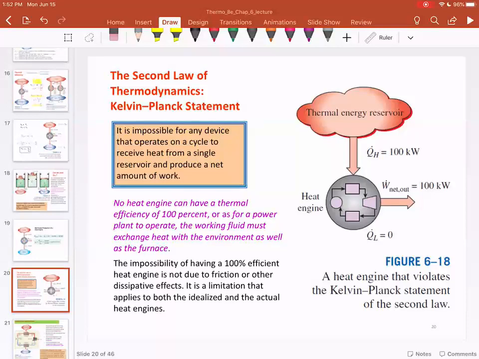Okay. So we have been talking about the second law of thermodynamics, the Kelvin-Planck statement. This statement again says that 100% efficiency is not possible.